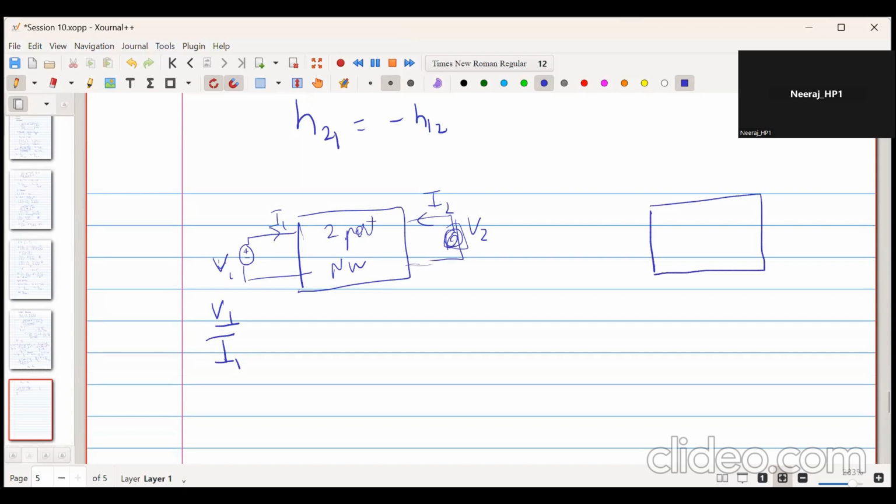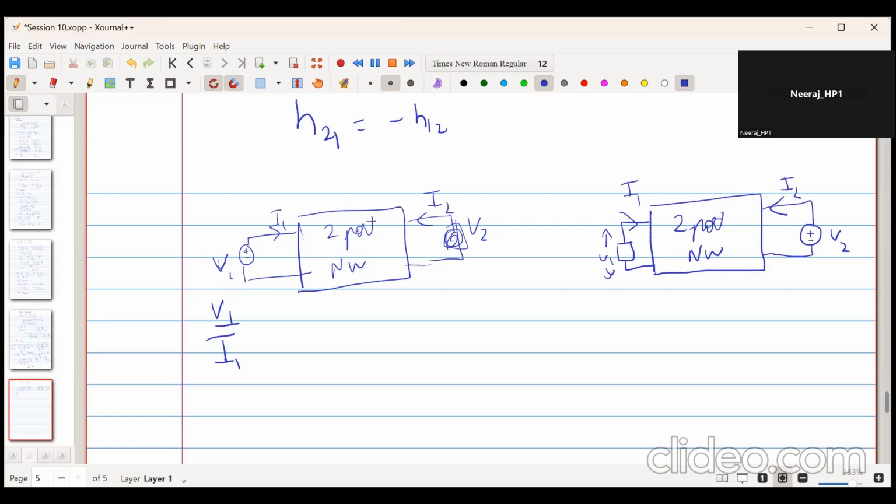Similarly, suppose this is the same two-port network. Now here, this is the load port and this is the input port. This is V2, this is I2, and here there will be some voltage V1 which will develop.